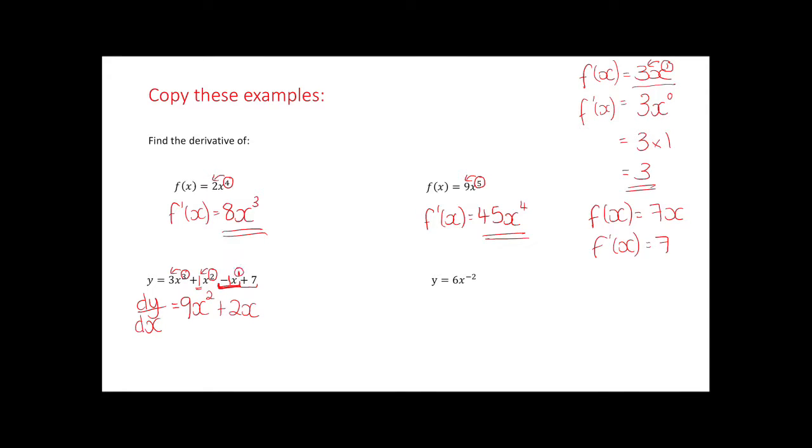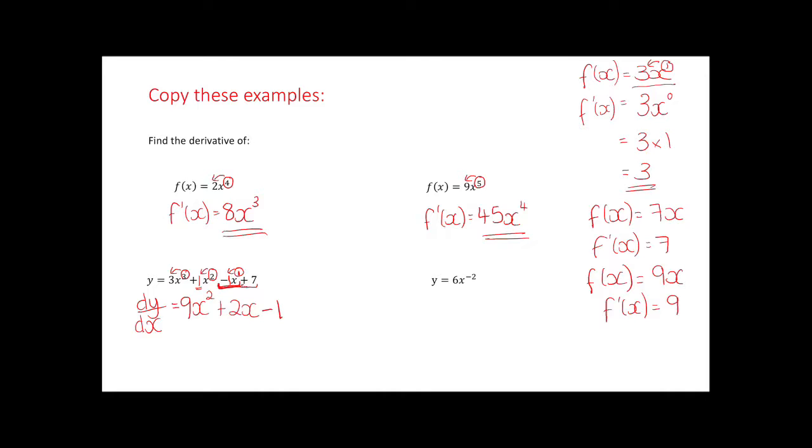So when I take this 1 down and multiply by 1, I'm left with negative 1, and our x would become x to the power of 0, which would just leave us with 1. Again, if you have a function such as f of x equals 9x, when you differentiate that, you would just be left with 9. So with an x to the power of 1, it disappears and leaves you with your coefficient.